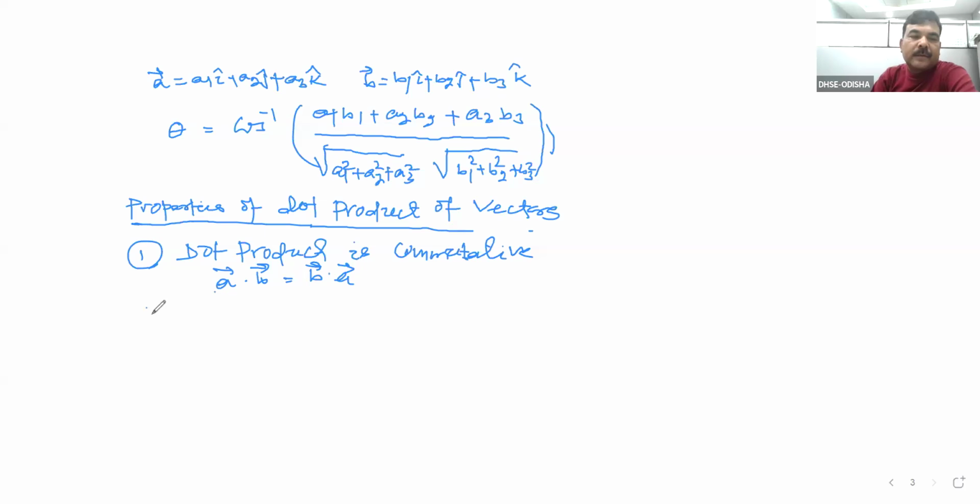Second, dot product is distributive over vector addition.